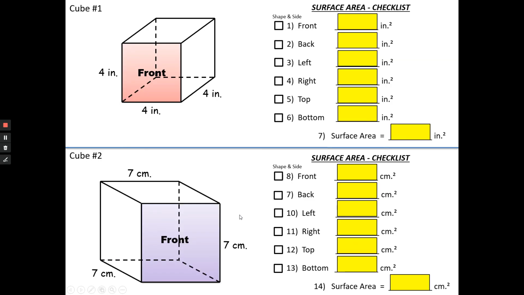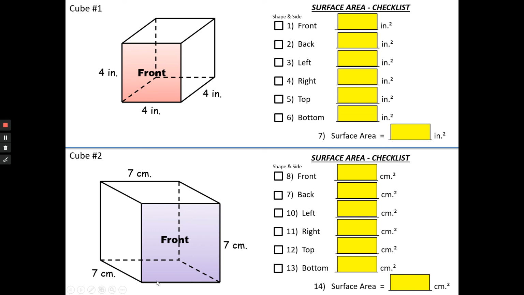All right, now if you take a look at the two that you guys are going to work on first, this side right here is going to be considered the front. So that means this one in the back would be the back. This side right here would be the right side. This one over here would be your left side. And then you got the top and the bottom. Kind of similar for number 2, but just maybe looking at it in a different way.